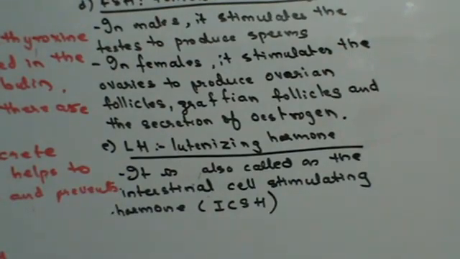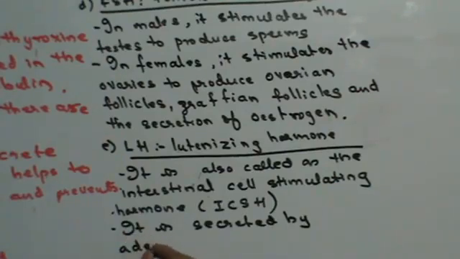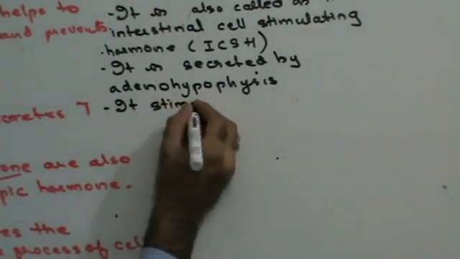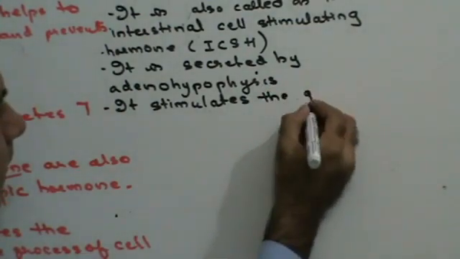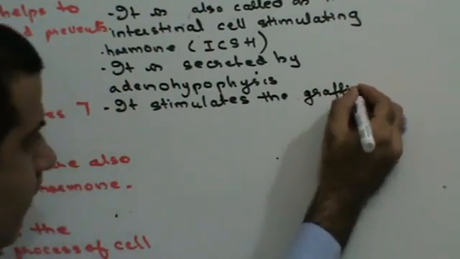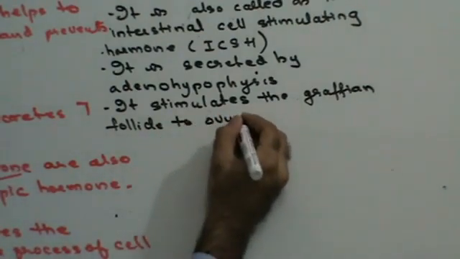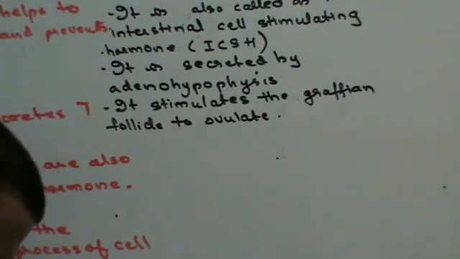It is secreted by adenohypophysis. Function: it stimulates the Graafian follicle to ovulate, that is, it helps in the process of ovulation in females, right?